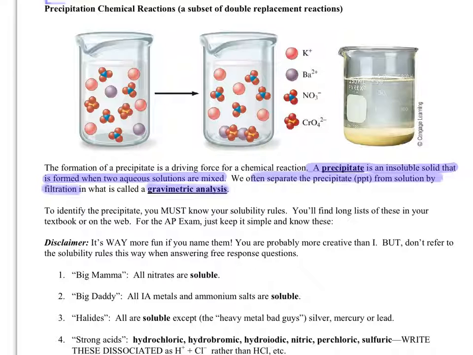Then we have to dry it, so put it under low heat until that salt is completely dry. And then I can use the mass of that solid that I've recovered from solution to solve a multitude of stoichiometry questions. We call that gravimetric analysis, where I use a mass of a solid that I've removed from a solution, that precipitate. I'm going to use that mass to calculate another desired amount.